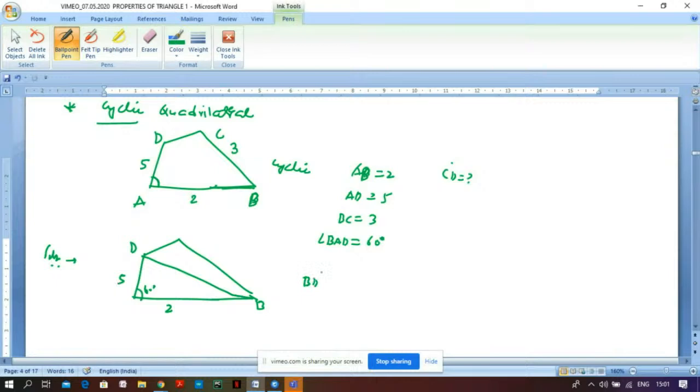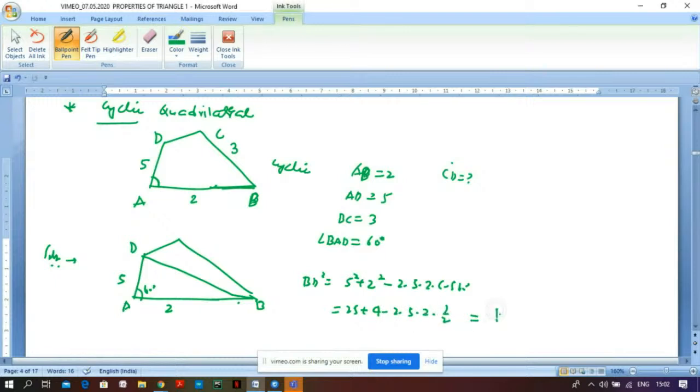So my BD squared is 5 squared plus 2 squared minus 2 into 5 into 2. So BD squared is AD squared plus AB squared minus twice AD times AB times cos of 60 degrees. So that is 25 plus 4 minus 2 times 5 times 2 upon 2.